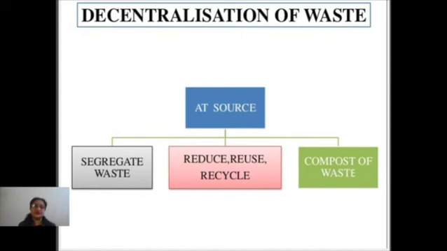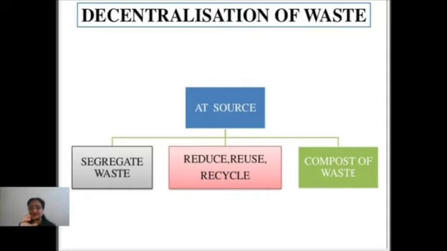Now, first of all, the decentralization of waste is done at the source of it. Now, how is it done? First thing is to segregate the waste, right? Number one. Next, after segregation, reduce, reuse and recycle. This is applied over the different types of waste which have been separated.